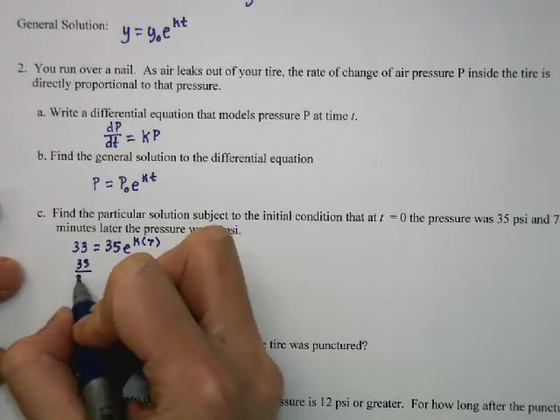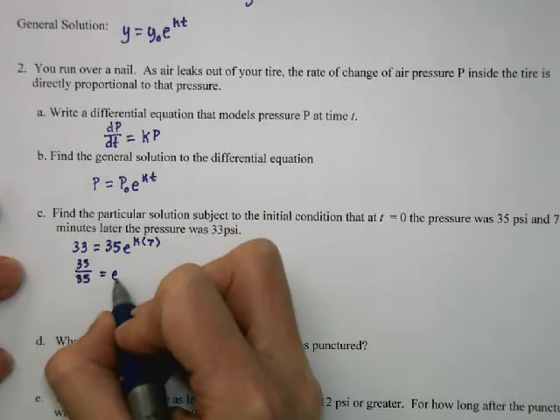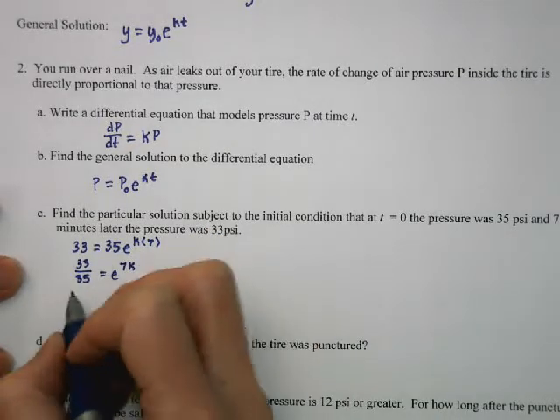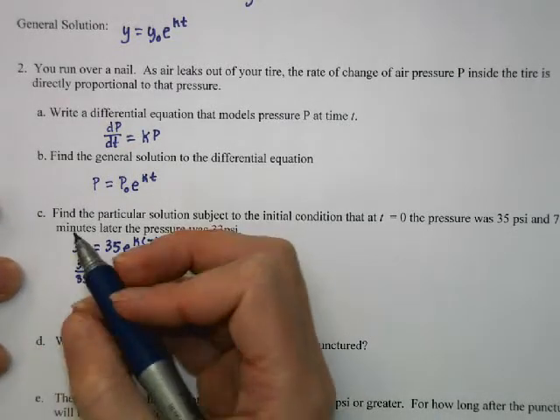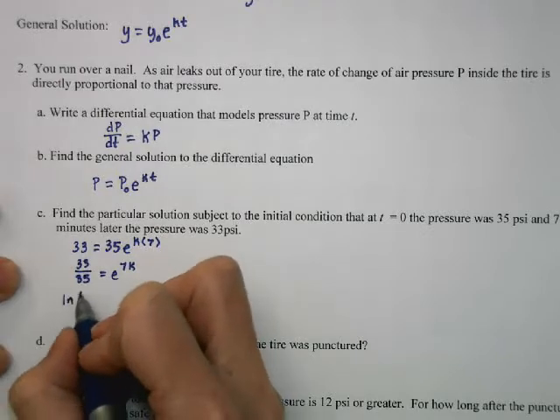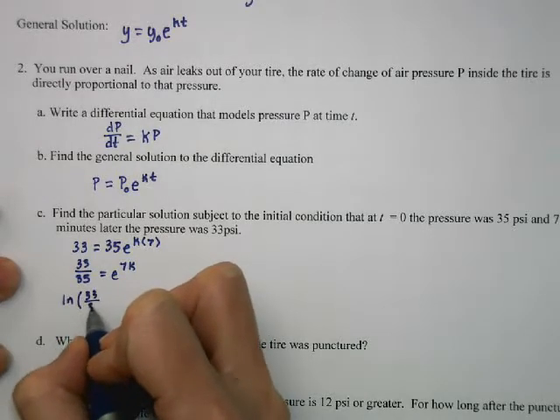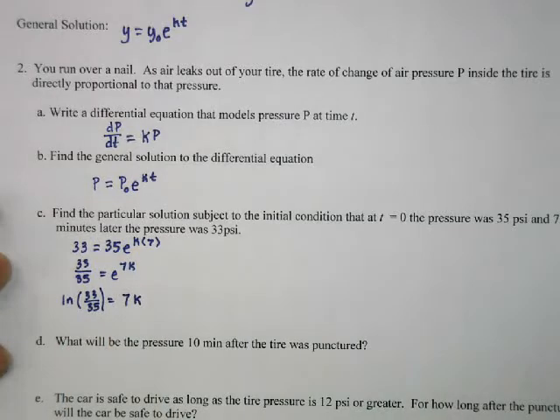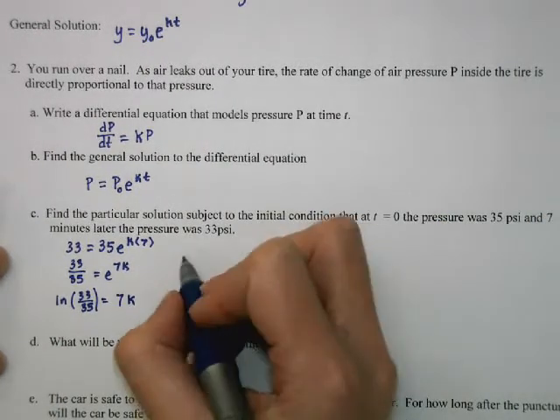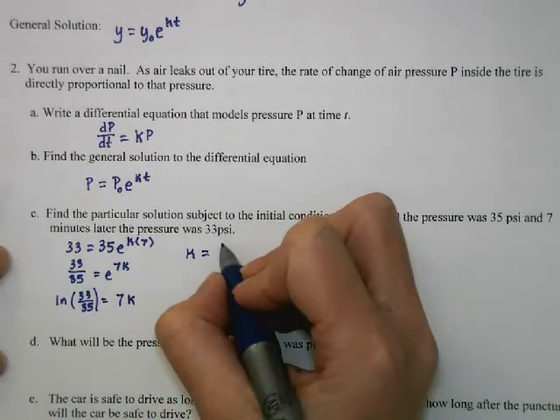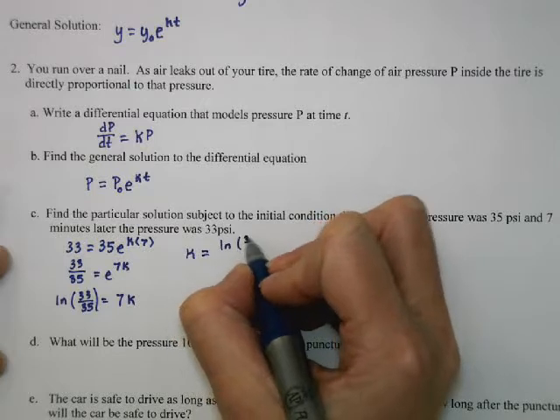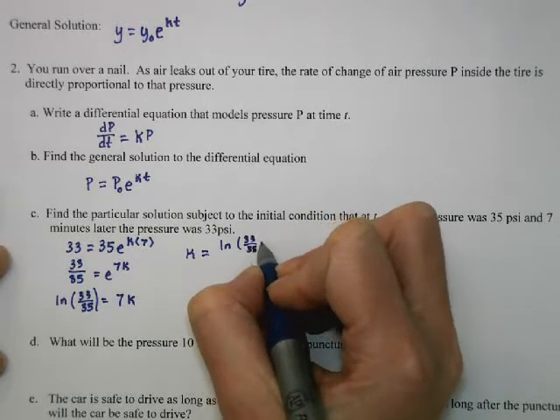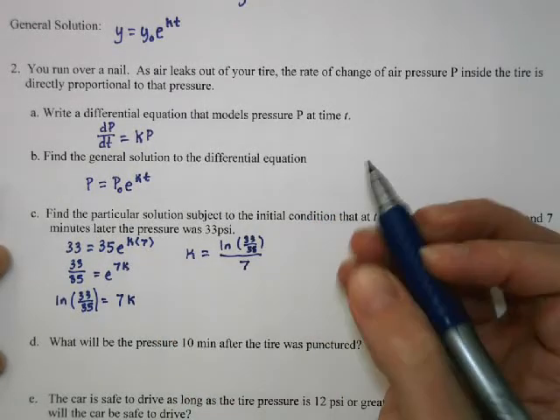So we'll divide, take the natural log, which gives us 7k. So that means our k is going to be the natural log of 33 over 35, all over 7.